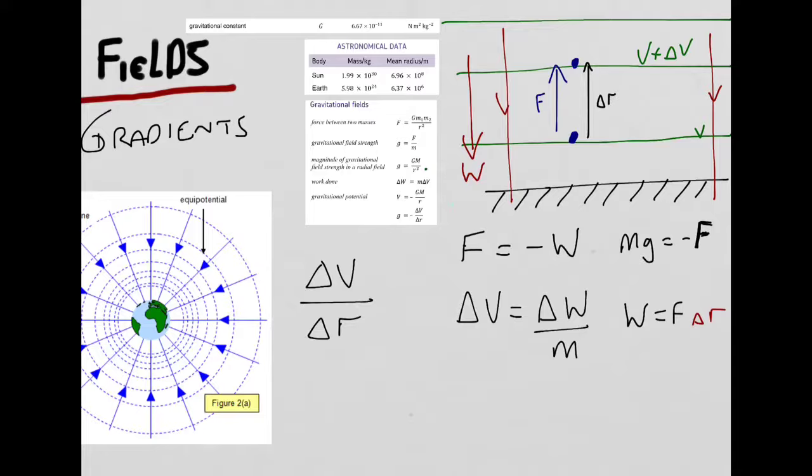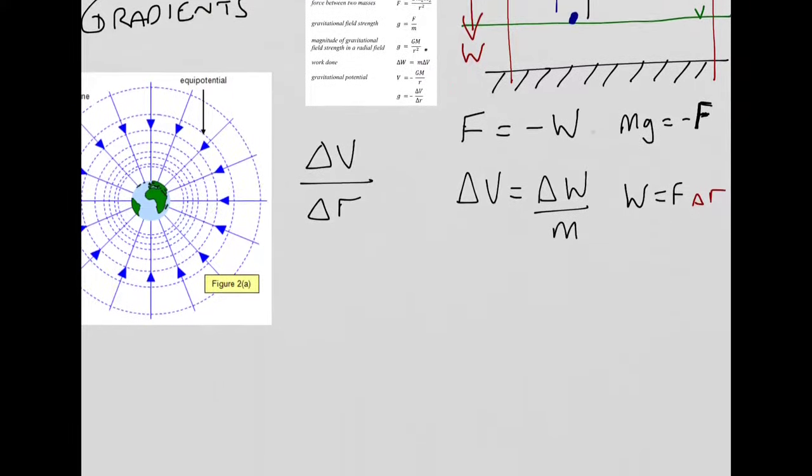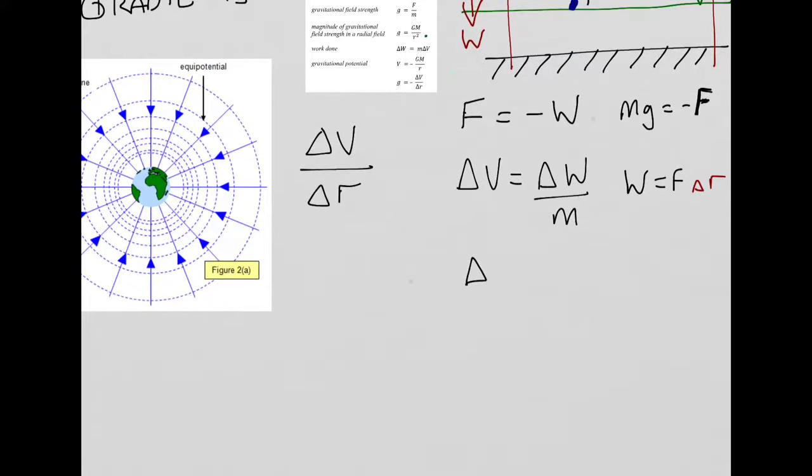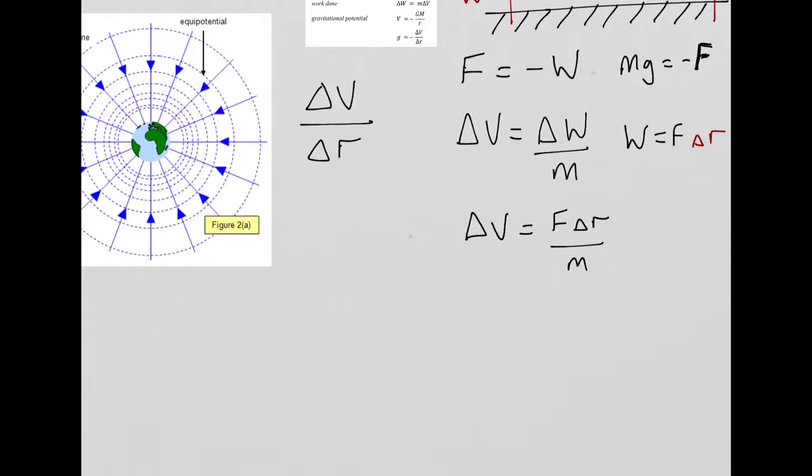Combine these together and delta V is equal to F delta R over M, substituting force times distance in for work.